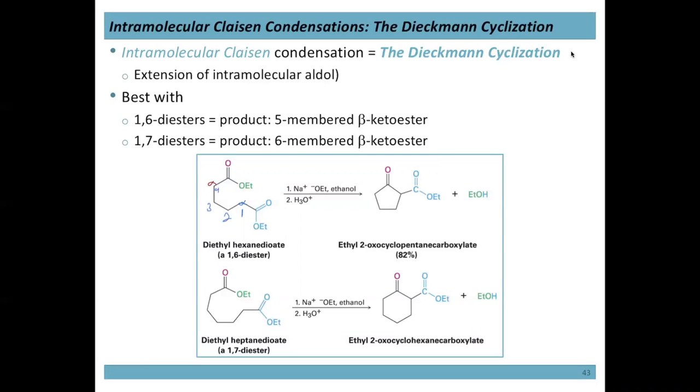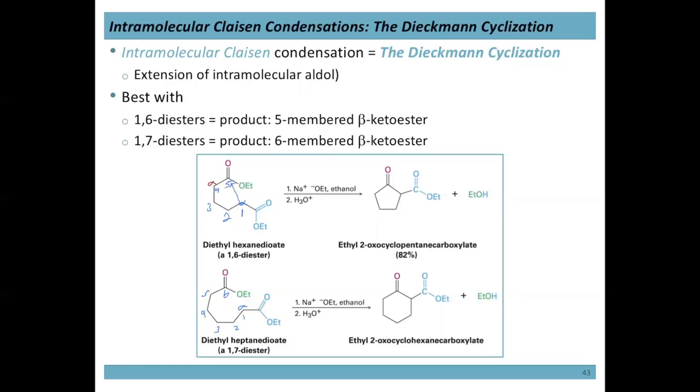And when we do this exercise, we realize if I connected from this alpha carbon to that carbonyl, I would make a 5-membered ring. Same here, if I take this alpha carbon and count to the carbonyl, then it would make a 6-membered ring.